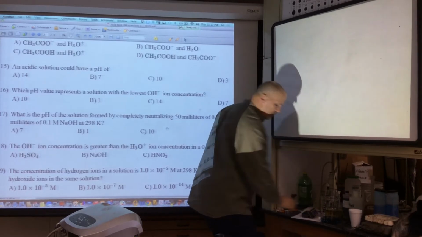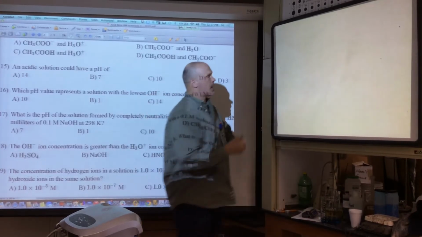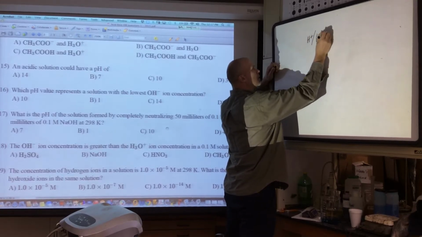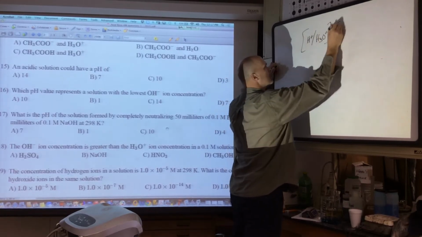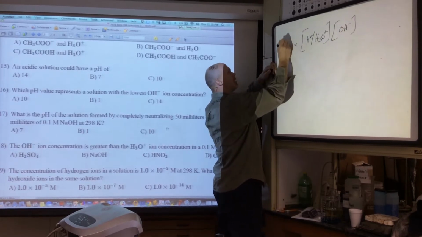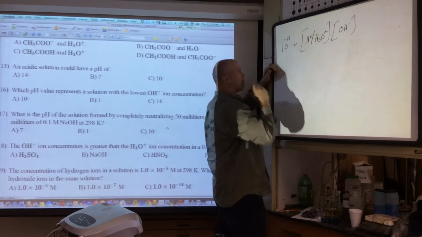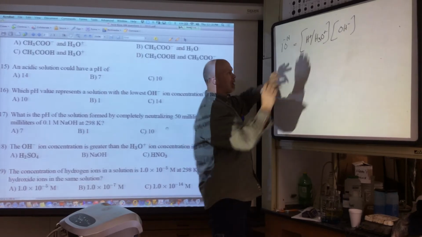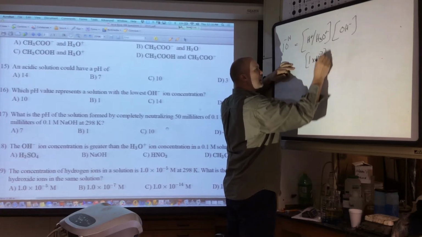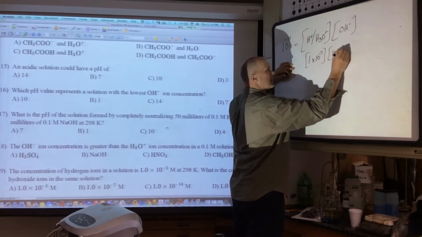This is the way I taught you. You take the H plus or H3O plus concentration, times the hydroxide concentration, and it always equals 10 to the negative 14. When it was neutral, this number was 1 times 10 to the negative 7, and this number is 1 times 10 to the negative 7.